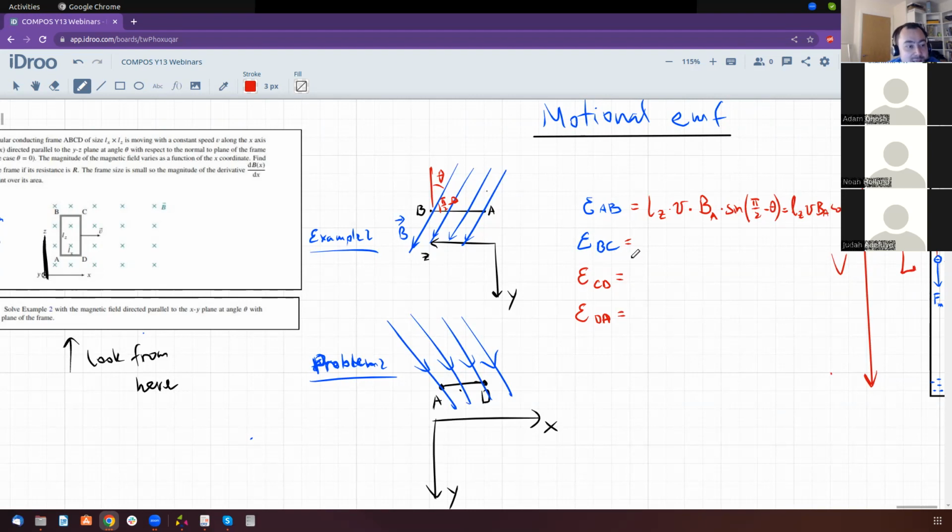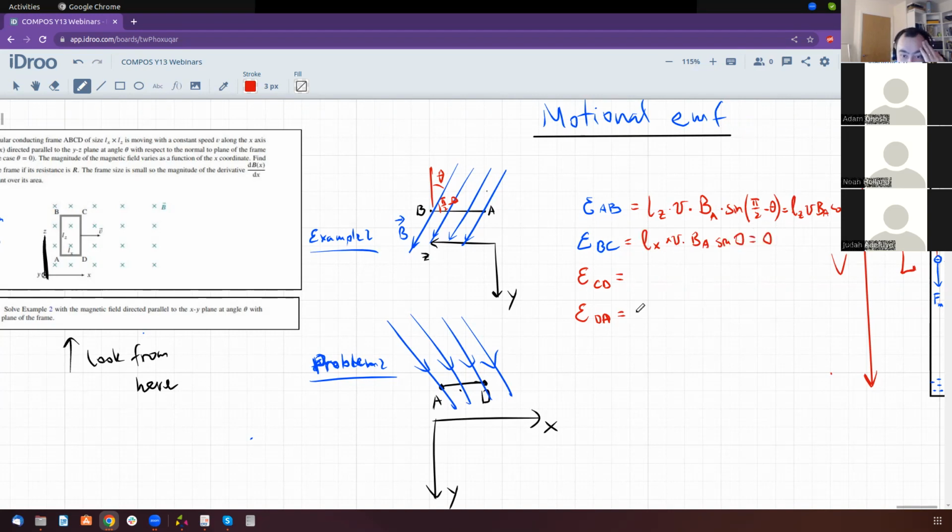Very good. Now EBC, in BC, the angle between the velocity and the wire itself is 0. So it's going to be LX times V times BA times sine 0. Oops, sine 0, which is 0.